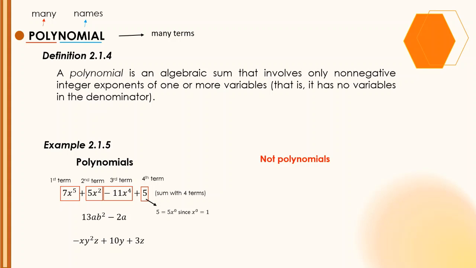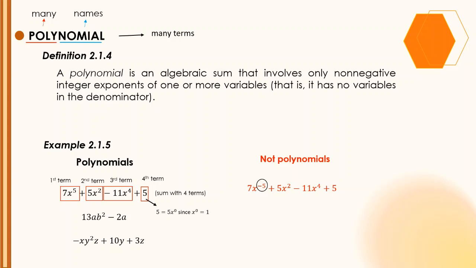So kailan natin masasabi na yung expression ay hindi polynomial? Say for example, sa first expression na ito, instead na 5 yung exponent, let us say negative 5 yung exponent. So here, hindi ito polynomial kasi hindi non-negative integer ang negative 5. Recall ha, ang non-negative integer is starting 0, 1, 2, 3, and so on.